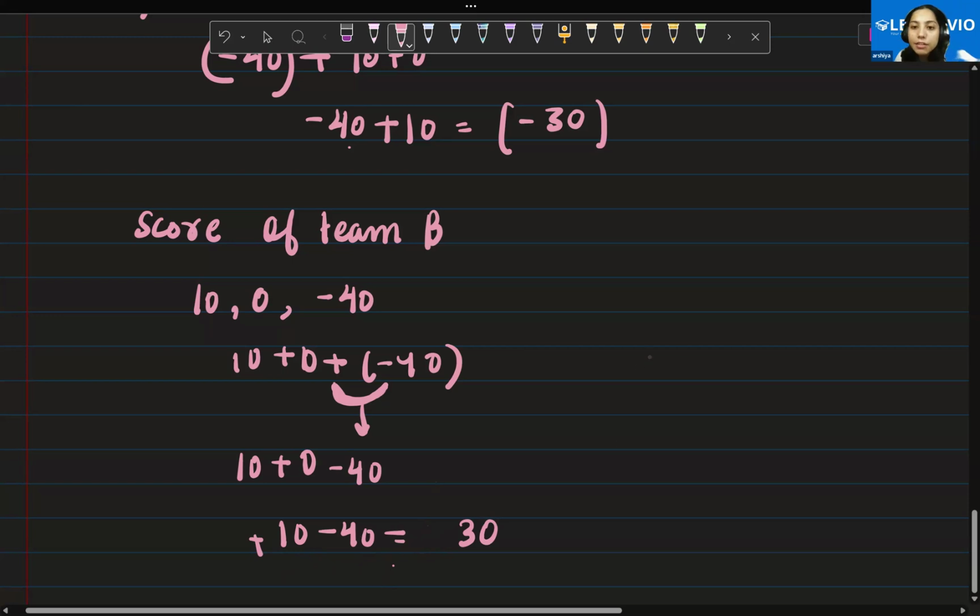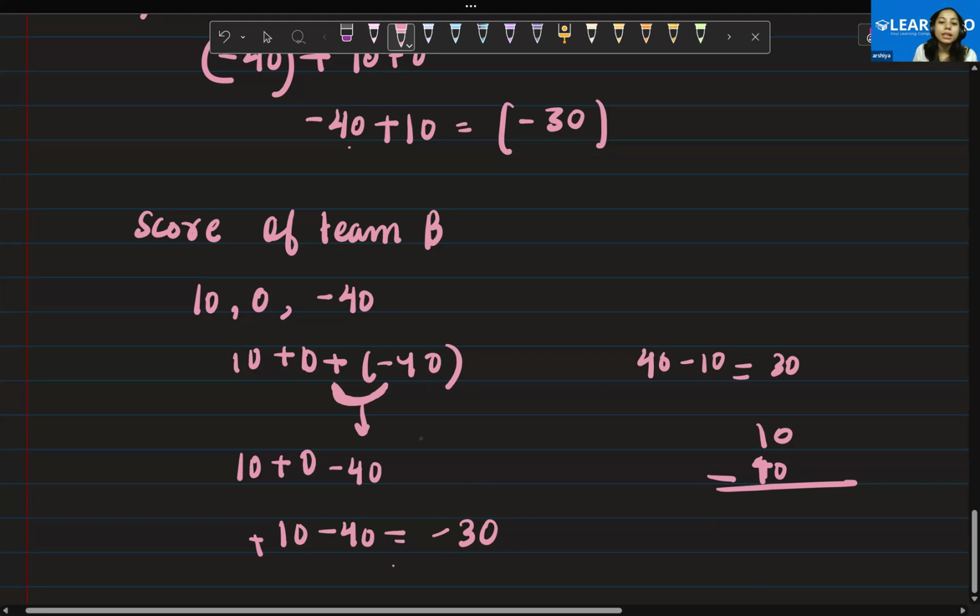If it was 40 minus 10, we would subtract it like this and it would be 30. But here we are subtracting 10 minus 40, so we are subtracting a bigger number from a smaller number, so it will be negative 30. Is it clear? Yes, ma'am.